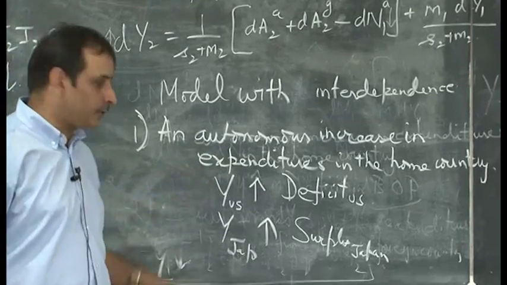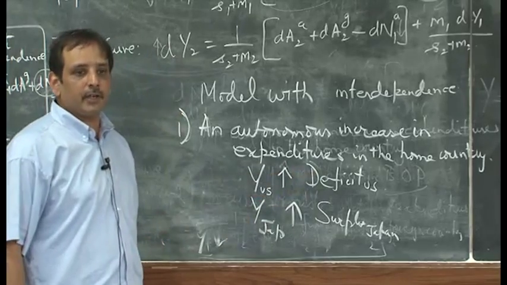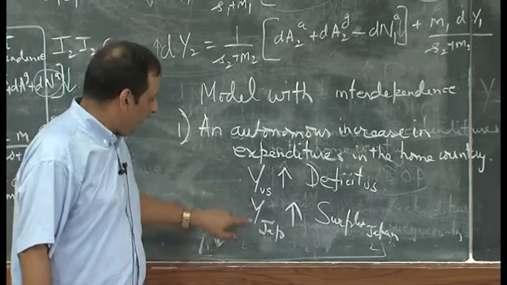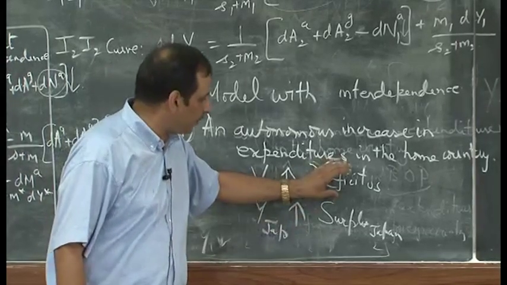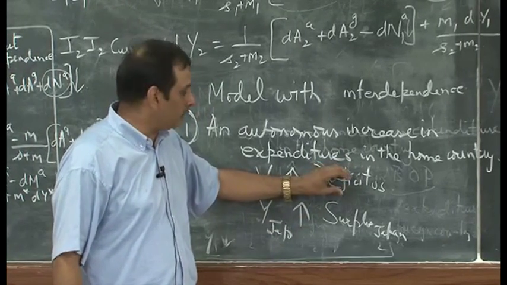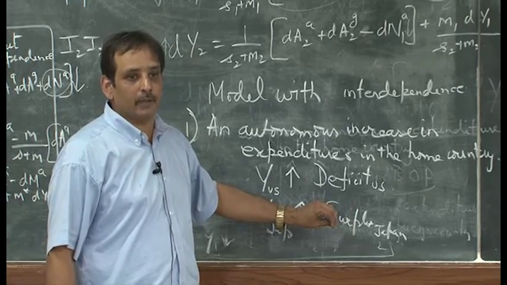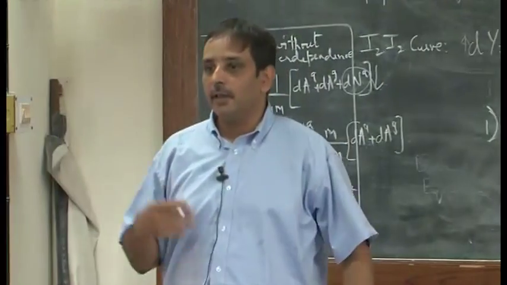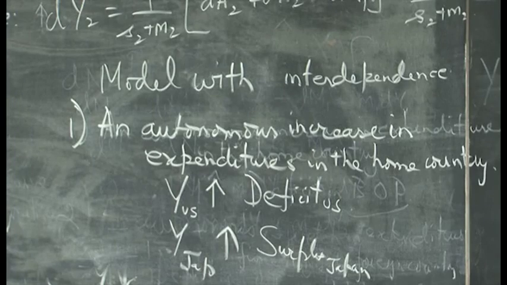When you reduce your expenditures, your incomes go down, deficit comes back to equilibrium, their incomes go down, the surplus is curbed, because when the deficit becomes 0 in the US, the surplus also becomes 0 in Japan.